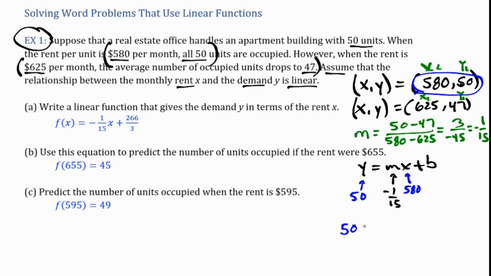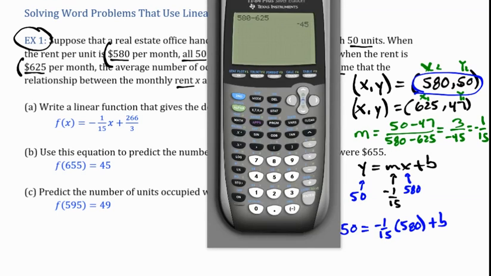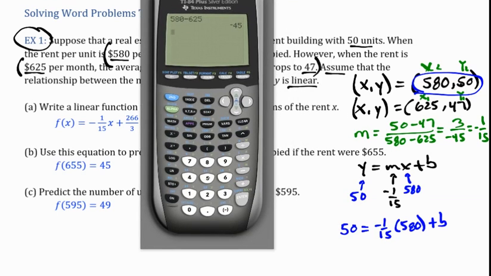And our equation becomes 50 is equal to negative 1 over 15 times 580 plus b. And if we do 580 divided by negative 15, that gives us negative 38.6 repeated.